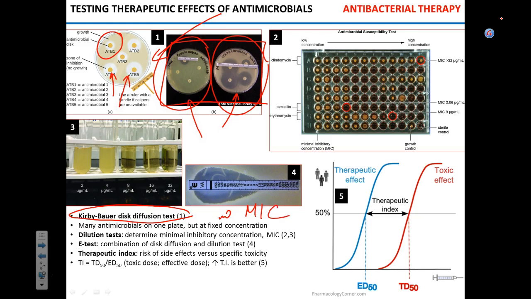What if you want to do that? Well, in this case, you have to take a different approach, which is the dilution test. So look at image number 3. Here you see 5 solutions with different concentrations of antimicrobial drug, from 2 to 32 micrograms per milliliter.